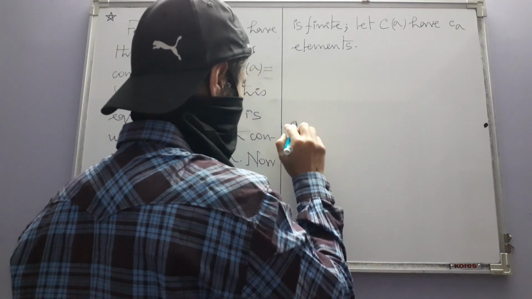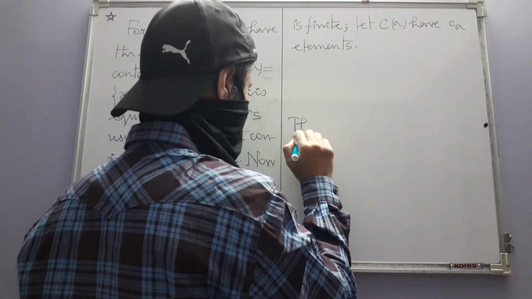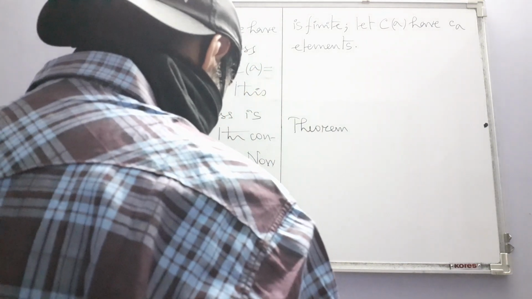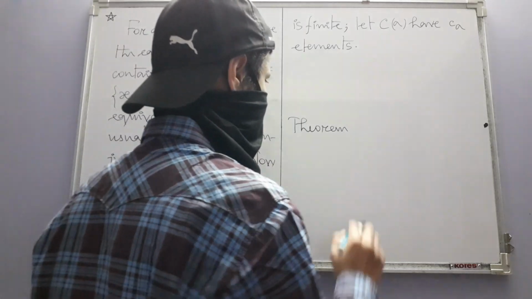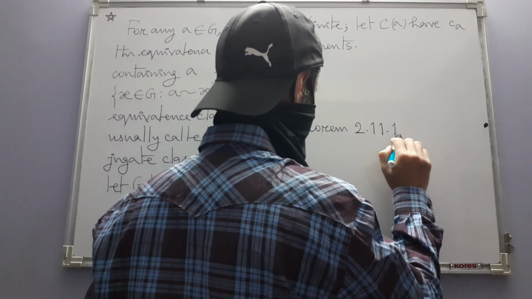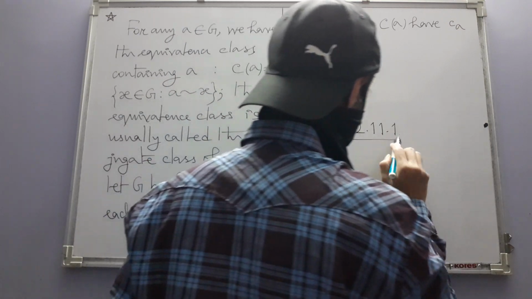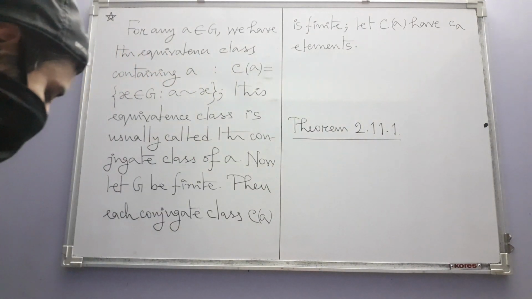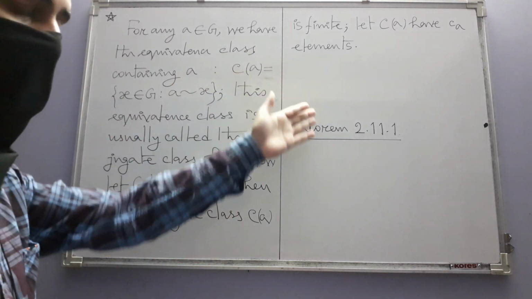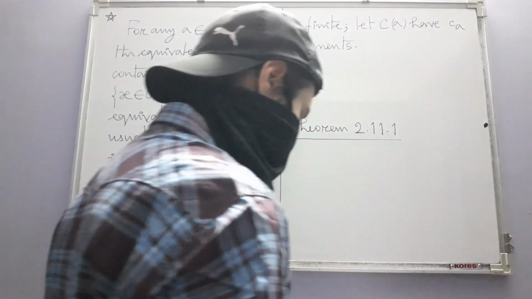It's a theorem. It is so important that it's not a lemma anymore, it's a theorem, and this is theorem 211.1. I have kept some space for something. Let me first state the theorem and then we will see why we need this space.